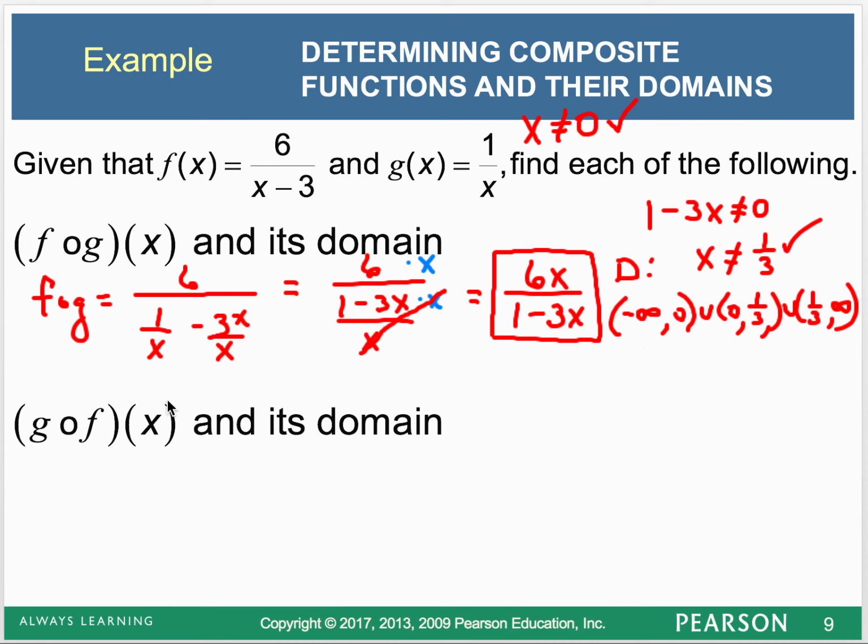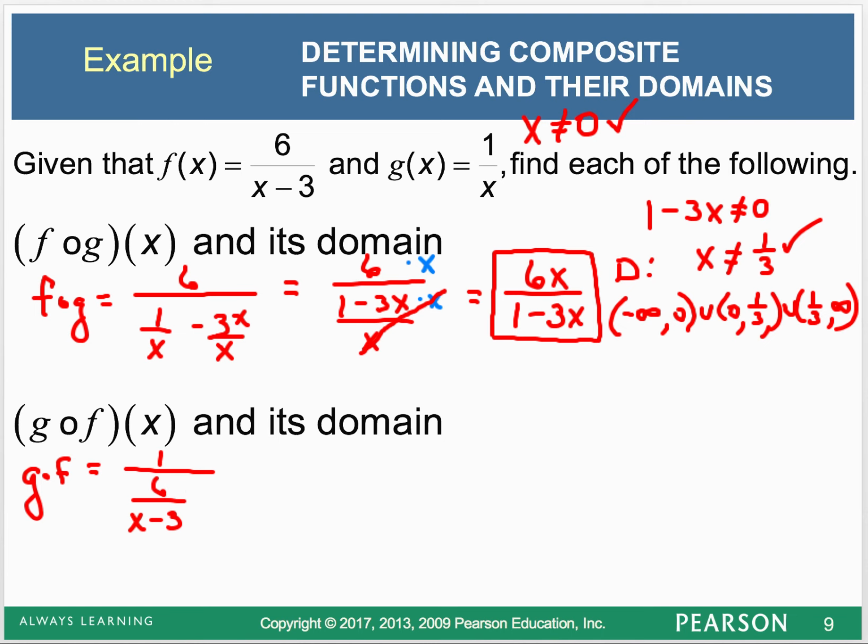Okay, let's try it again, except different. Let's do g of f. So g of f means I'm going to start with the function g, and everywhere there's an x, like right here, I'm going to put the function f, which is 6 over x minus 3. Once again, I get a complex fraction.